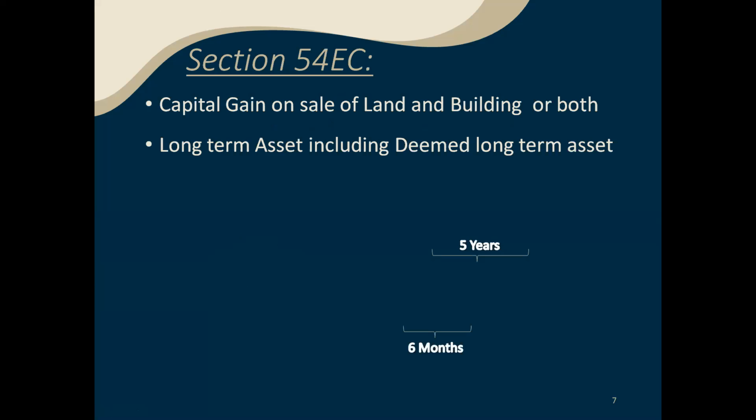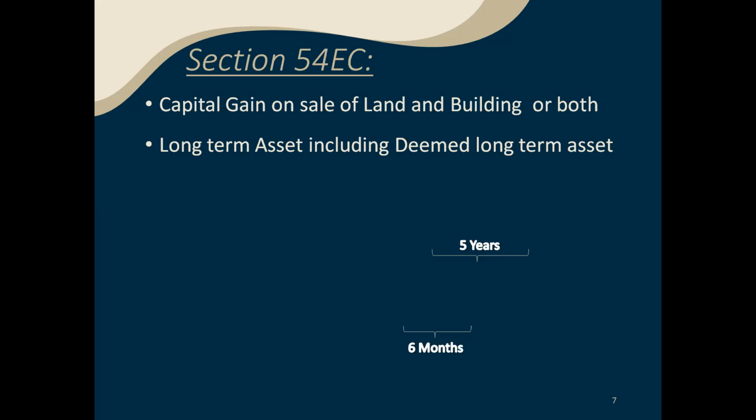Next is 54EC. Here you have sold the land, building, or both. So it's available only for land and building, or both sold together. This is applicable even for deemed long-term capital asset. So what do we mean here by long-term capital asset? Say a building on which depreciation has been calculated is always short term.